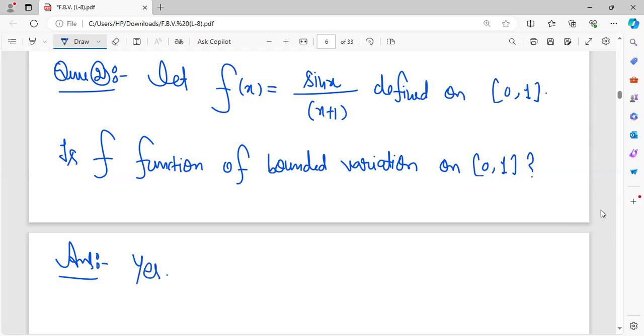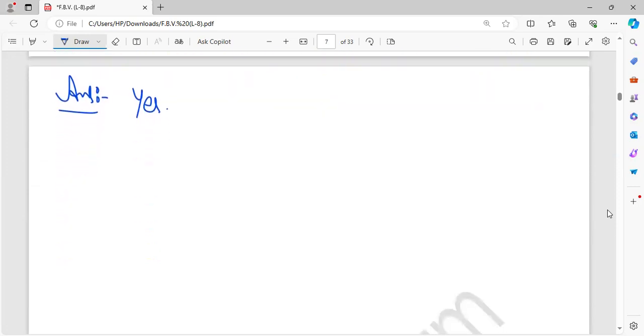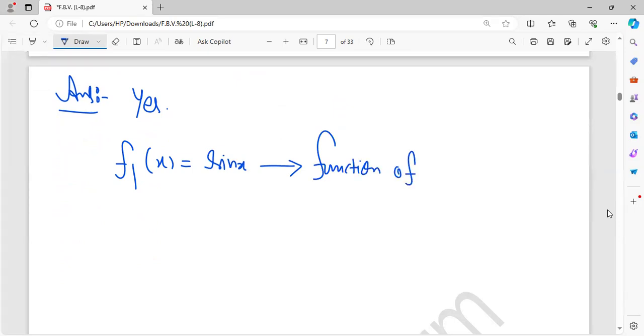Yes, because in the last class we have shown that I can write f1, let's say, as sin x. sin x is a function of bounded variation on any closed interval, so it is a function of bounded variation on [0, 1] also.